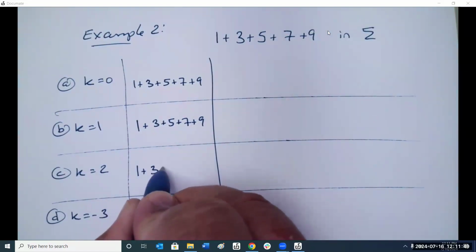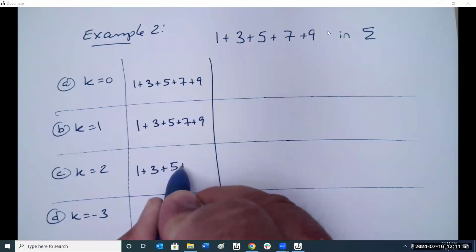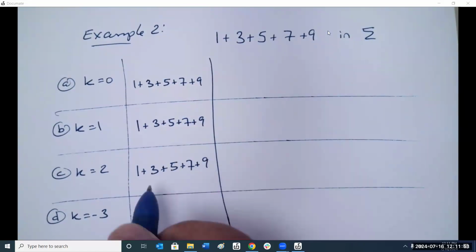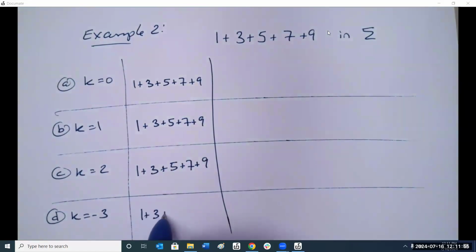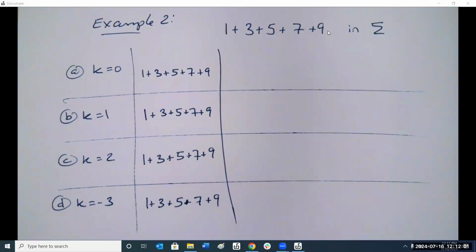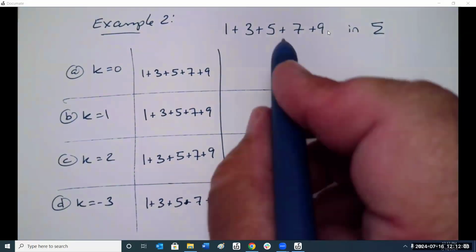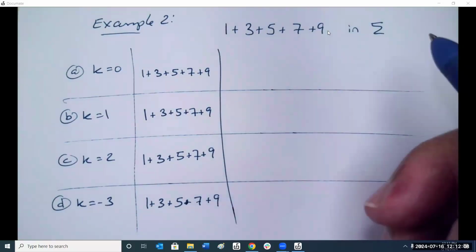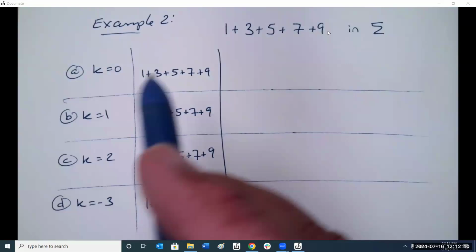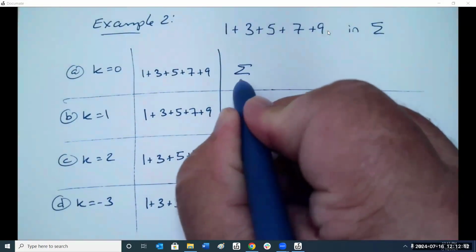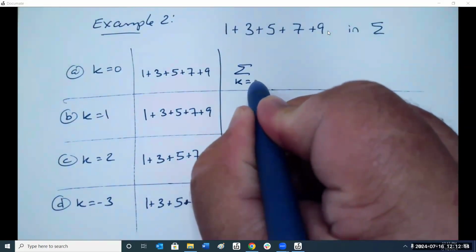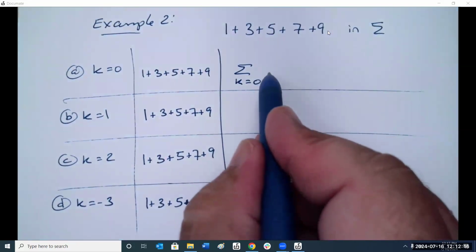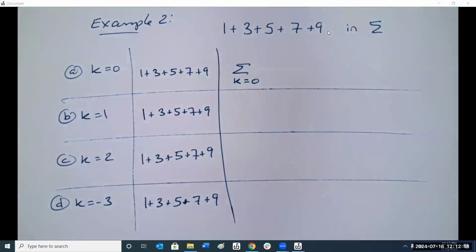The only difference now is that we have to come up with a sigma notation formula. When we start off at 0, our function will get these values.